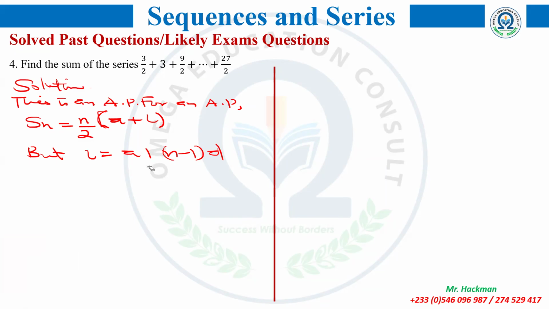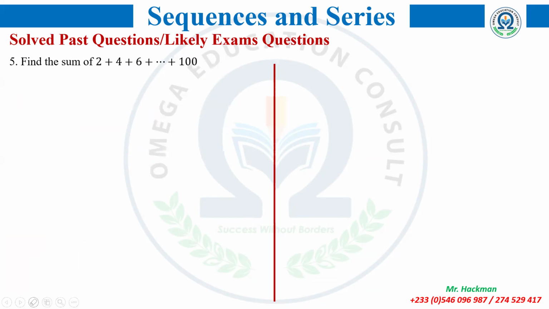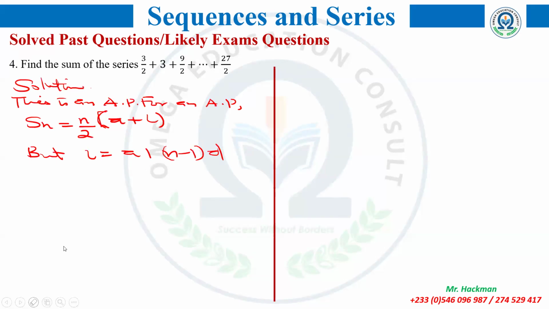Okay, you can now ask your question. Please, I remember you said even though the question given is in series, we can still extract it. Yes, you can extract it in terms of sequence.